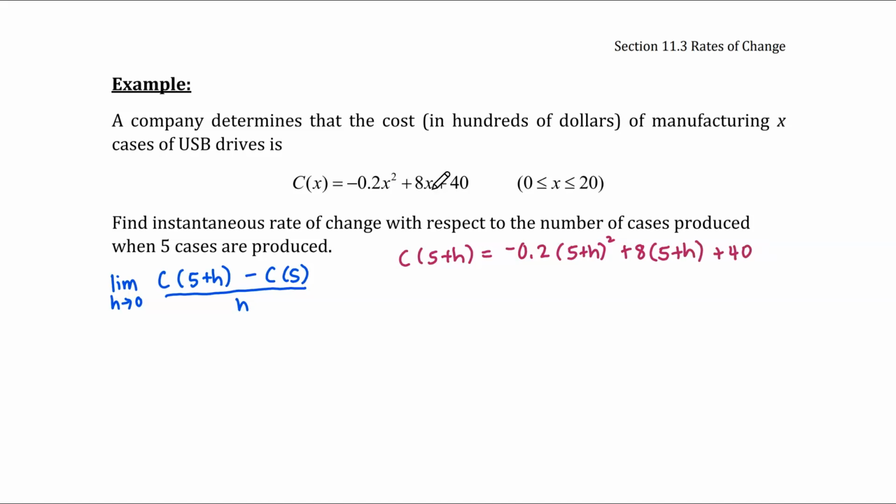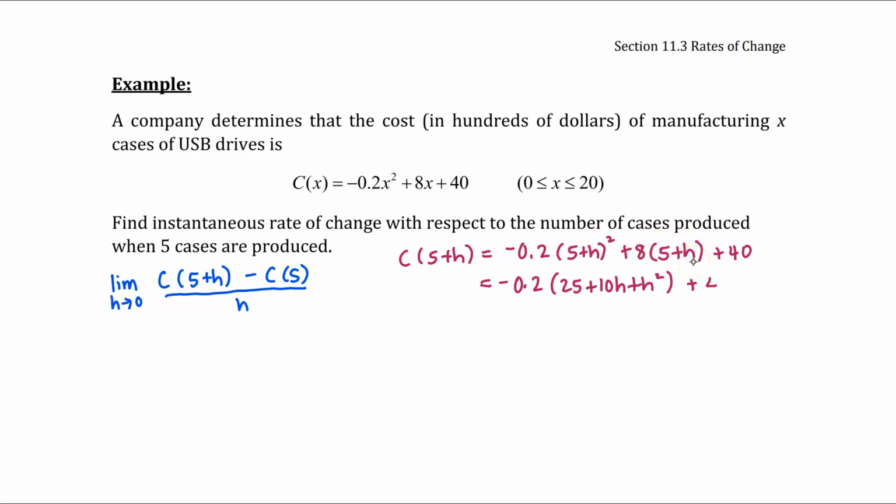Then expand 5 plus H squared. So copy negative 0.2. 5 squared is 25 plus 10H plus H squared. Then you distribute 8 to each term in the parentheses.